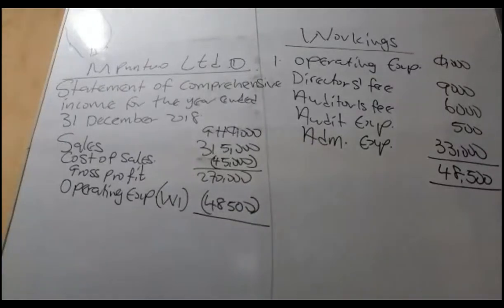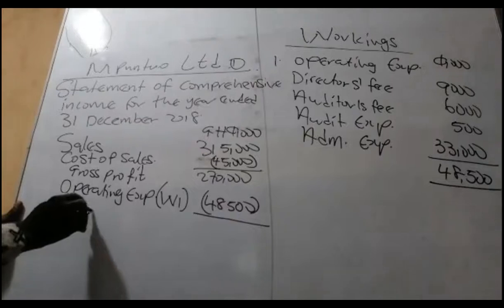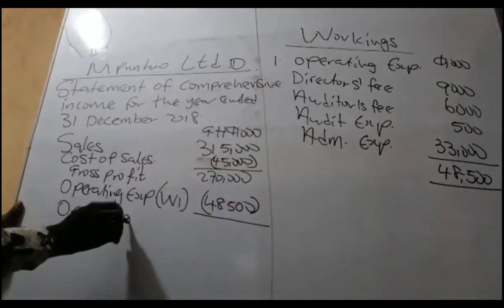Then you analyze it. You take it off, then the answer becomes what? The operating profit. So we call this one operating what? Profit. So operating profit.